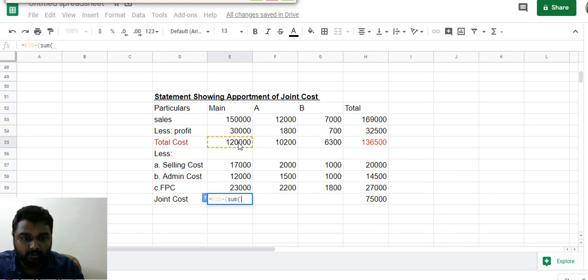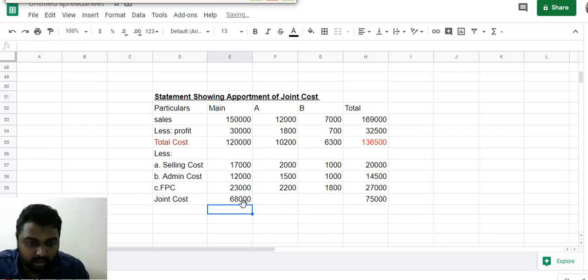So from the total cost, we have to reduce all the costs from here onward. So what will be the answer? 68,000. The same pattern will follow for A and B.